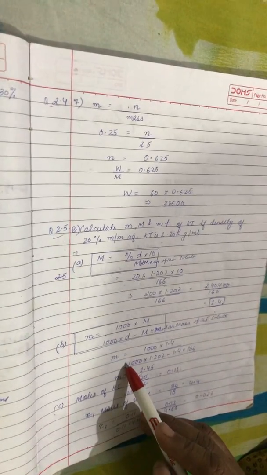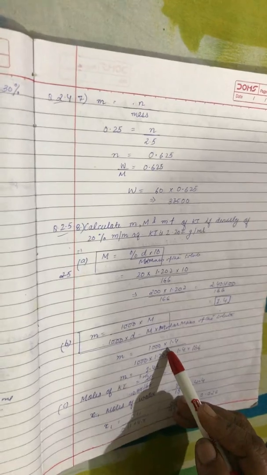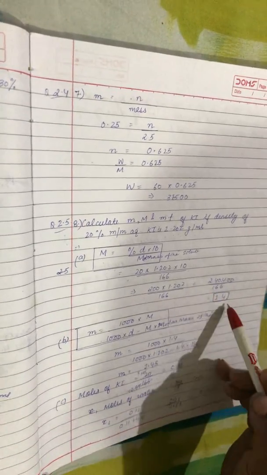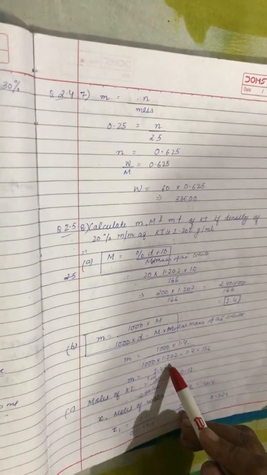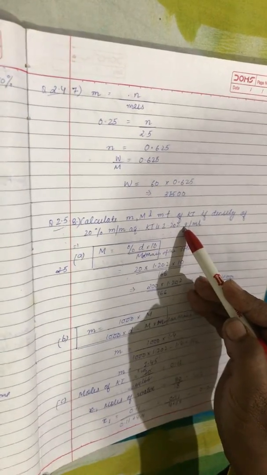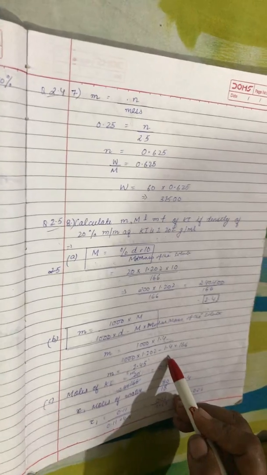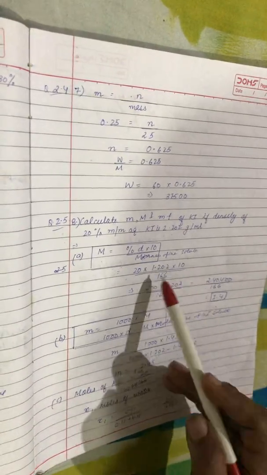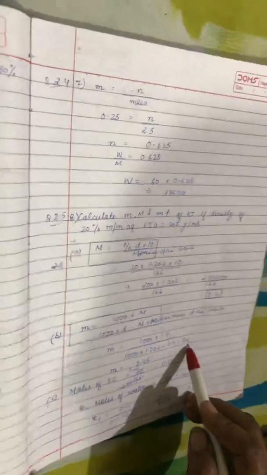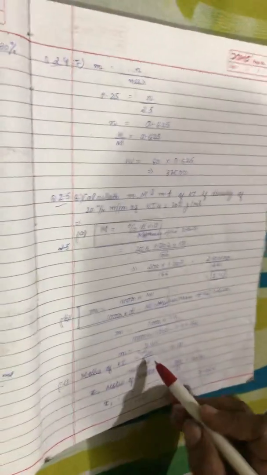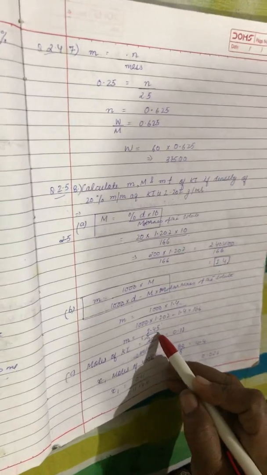On substituting the values, 1000 multiplied by molarity, which we had calculated as 1.4, divided by 1000, density is given as 1.202 minus 1.4, that is the molarity, and the molar mass is 166. On solving, it comes out to be 1.45.